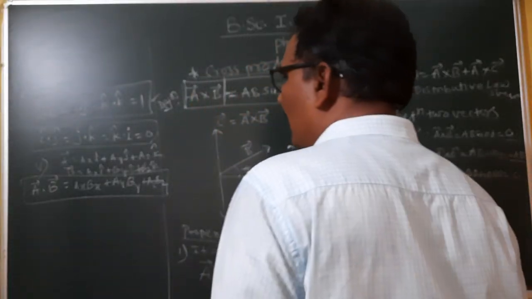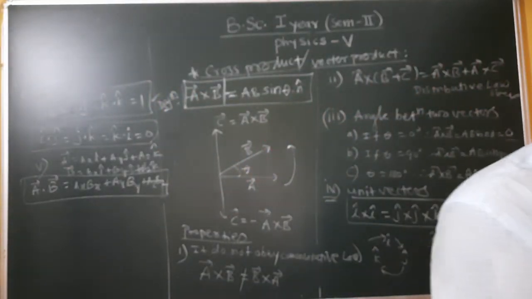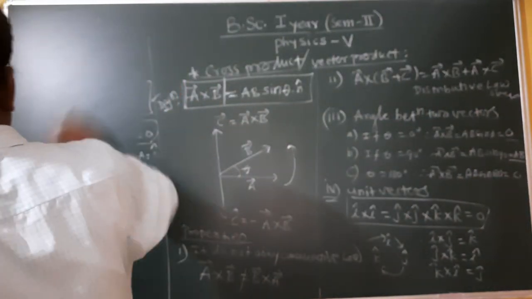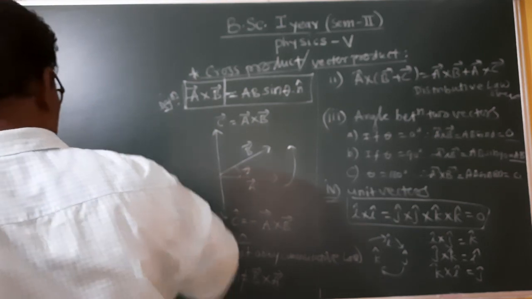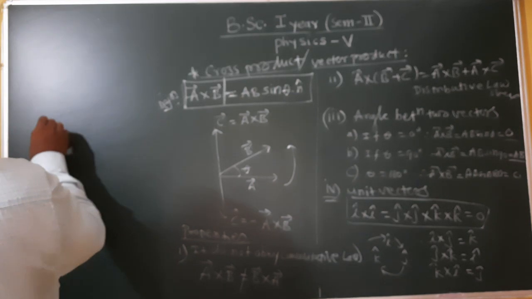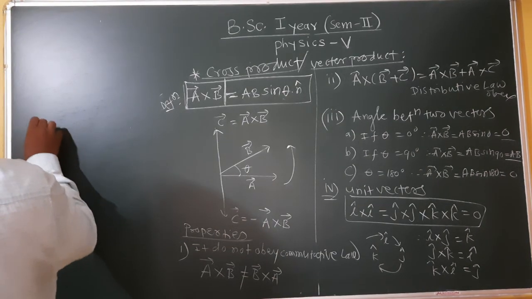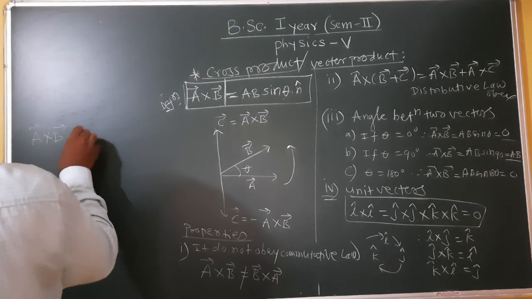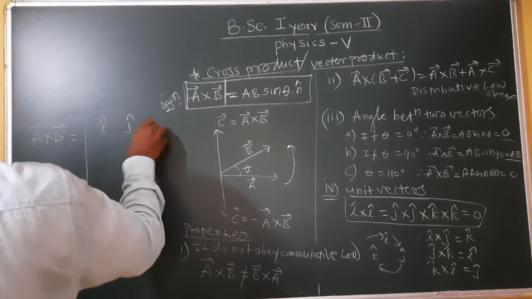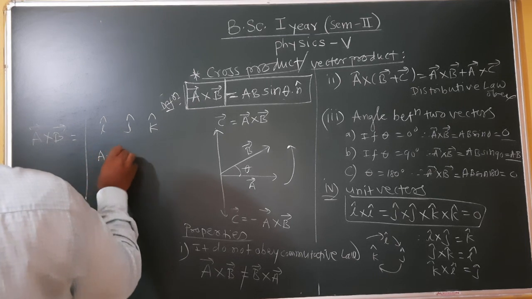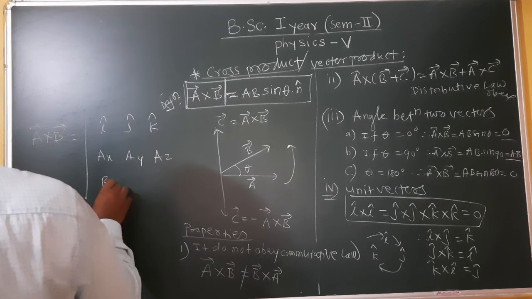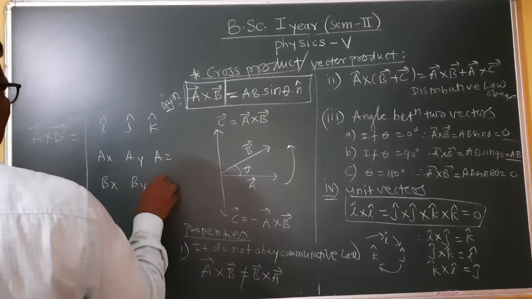And one more property, property number 5: the vector product can be expressed in the form of a determinant. That is, A bar cross B bar is equal to the determinant with rows i cap, j cap, k cap; AX, AY, AZ; BX, BY, BZ.